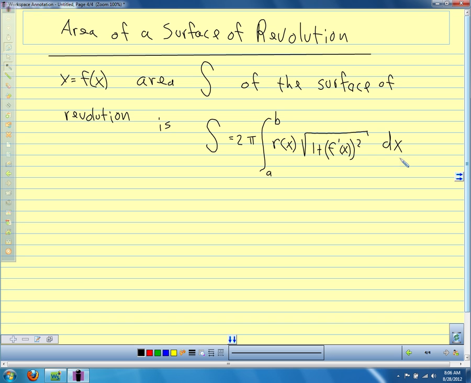And r of x is just the distance between the graph and the axis of revolution.